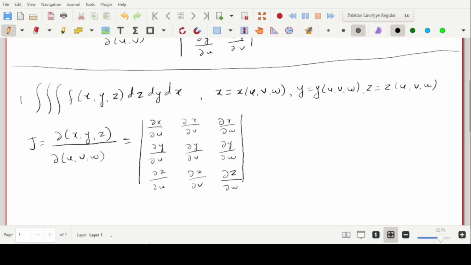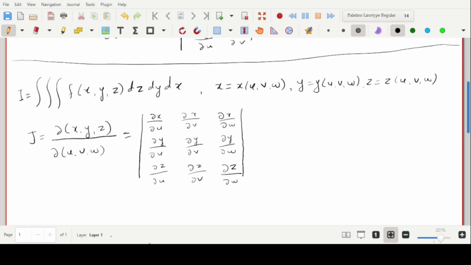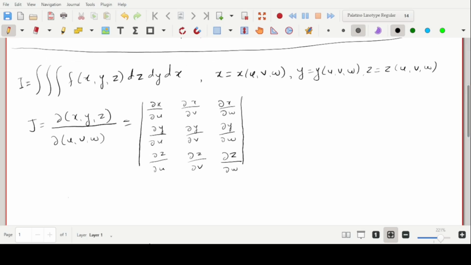And if this is the integral I, then we shall define I now as the triple integral of f(x(u,v,w), y(u,v,w), z(u,v,w)). Now these x, y and z are expressions in u, v, w.